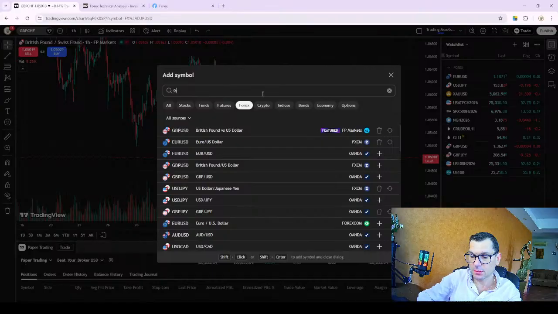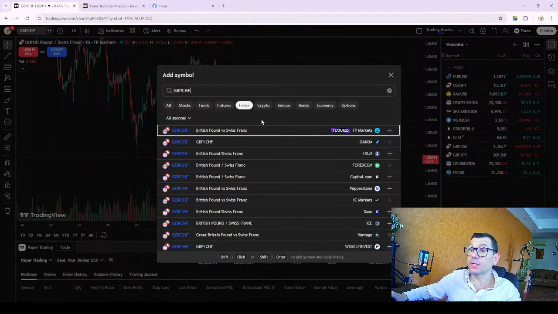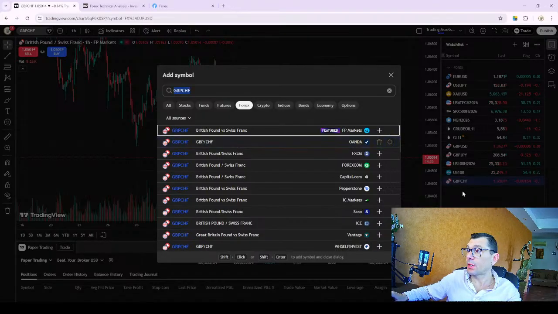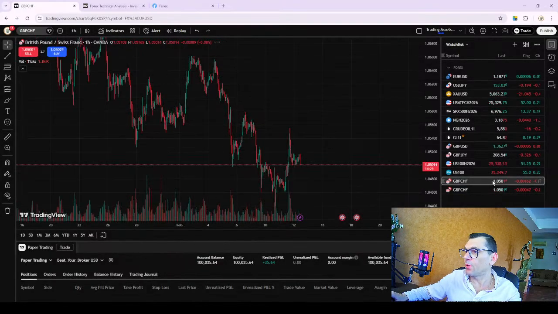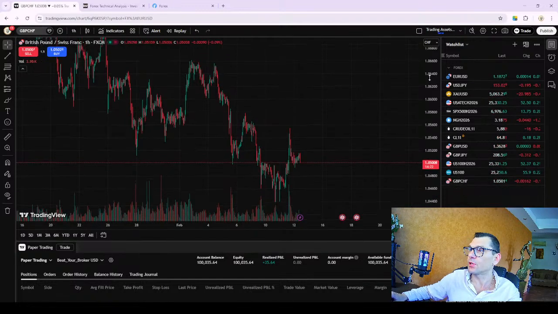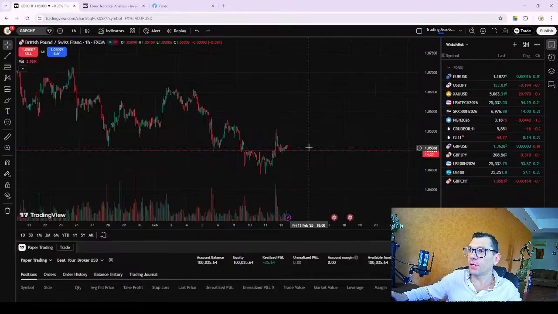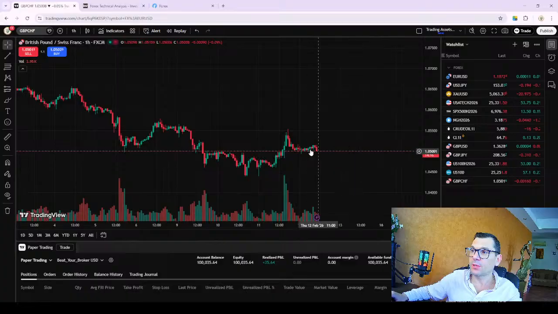GBP CHF, British pound, Swiss franc. Oh yeah, you're right. I was having an impression of putting JPY. Anyway, here we go. GBP CHF says a strong sell recommendation.